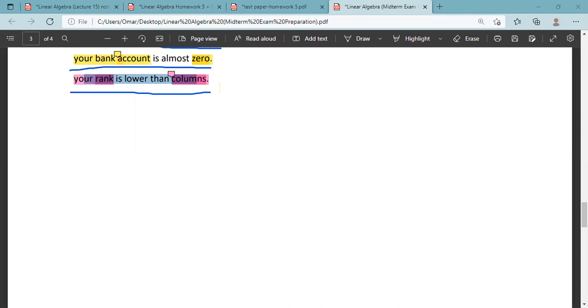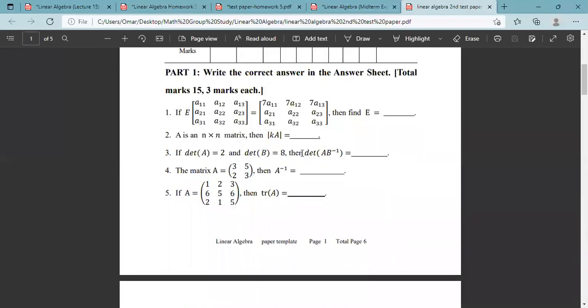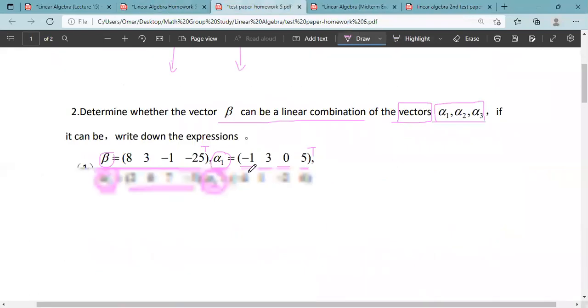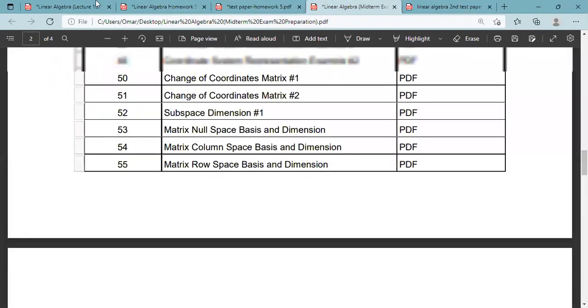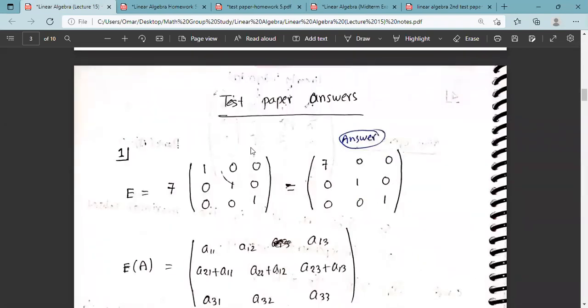Test paper 2. Test paper, yeah, I got it. So here is the test paper. So guys, can you see my screen? Yes, bro. Okay.